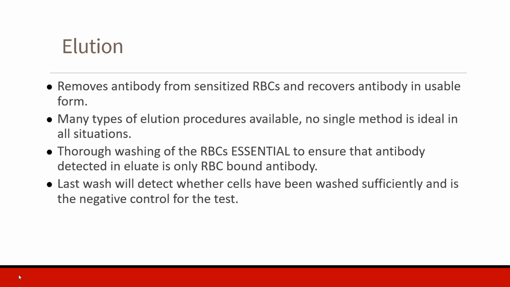And so we went ahead and just tested the eluate just for grins. And of course it was 4+ all the way through. But this was an autoantibody, it's non-specific. It's just against her red cells. And the diagnosis was there and we knew what we were dealing with.